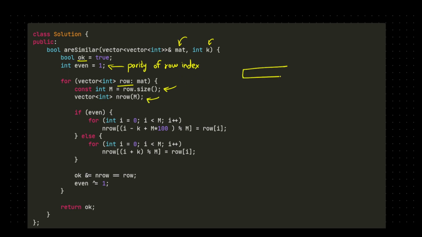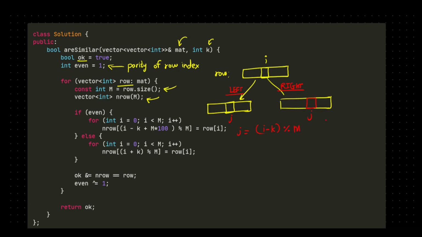So the logic here is that any index i in the original row would go to some position j, whether it is shifted left or shifted right. Let's find out what j is in both of these cases. In the left case, j is (i minus k) modulo the length of the array, which would be m in this case, and in the right shifting case, j would be (i plus k) mod m.